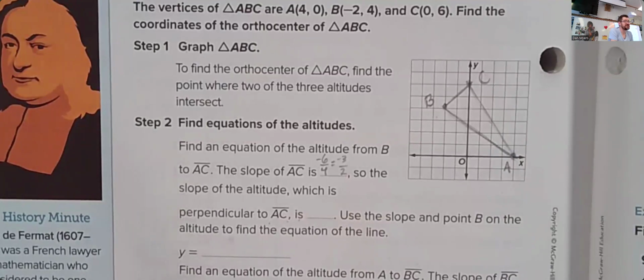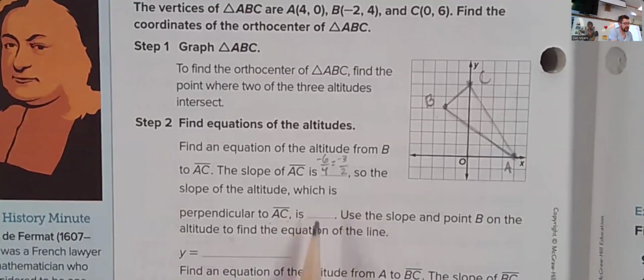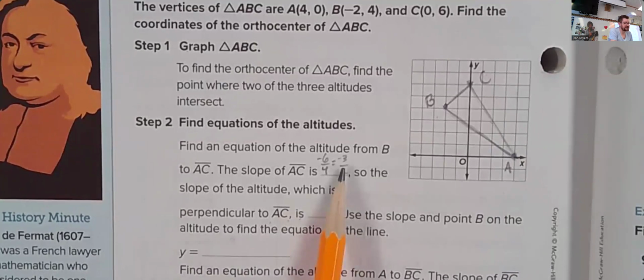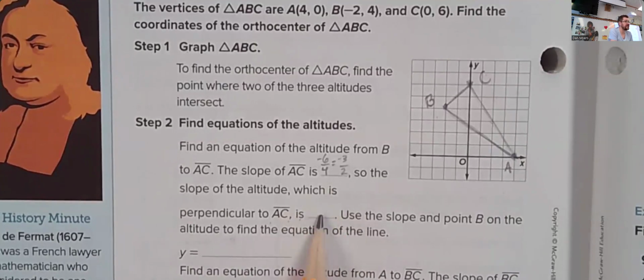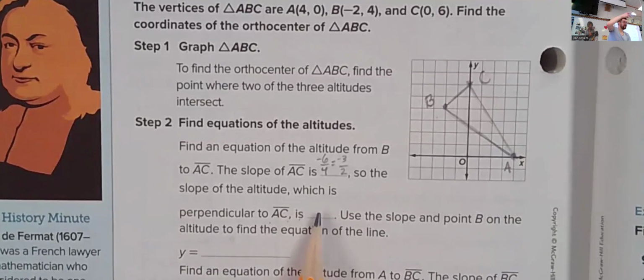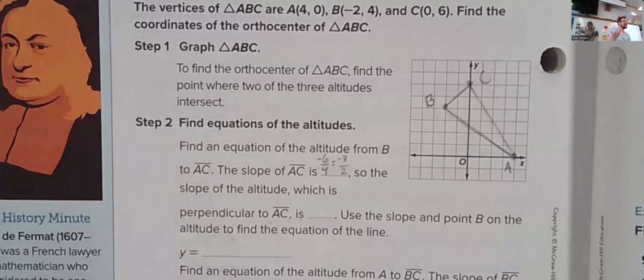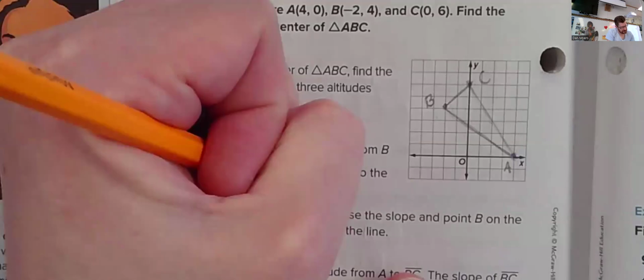What is the relationship between perpendicular slopes? -3 over 2 turns into what if it's perpendicular? Flip it, good, and turns positive. Good. So what's that going to be? There you go, 2/3. I love it.